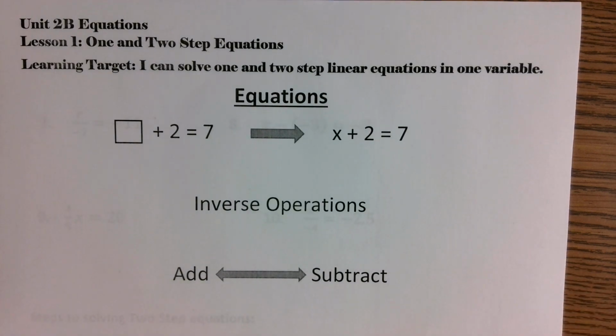You guys have been dealing with equations since you were in kindergarten. You just didn't know that they were called equations back then. You knew it as you started with 2 apples, and then you picked up some apples from the store, and you now have 7 apples. How many apples did you pick up from the store?